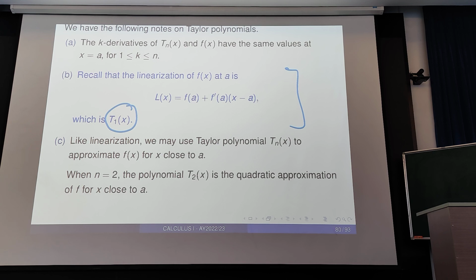So you might think that if we increase the degree of the Taylor polynomial, we will get a better approximation method, right? So you can see that when n equals 2, the second order Taylor polynomial has the name of quadratic approximation. That means using this one you will get a better approximation method.